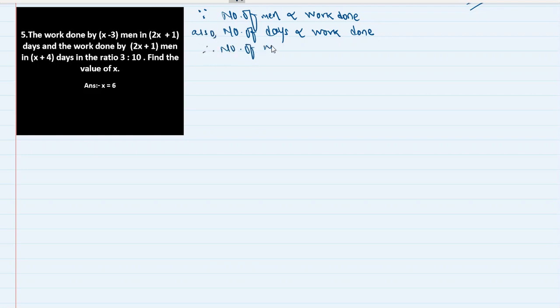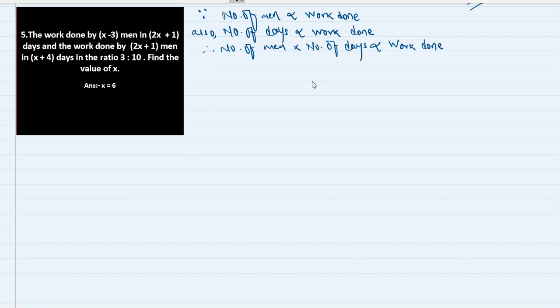So we can write it like this. Since number of men is directly proportional to the amount of work done, and number of days is also directly proportional to the amount of work done, therefore number of men multiplied by number of days will definitely be proportional to the amount of work done.